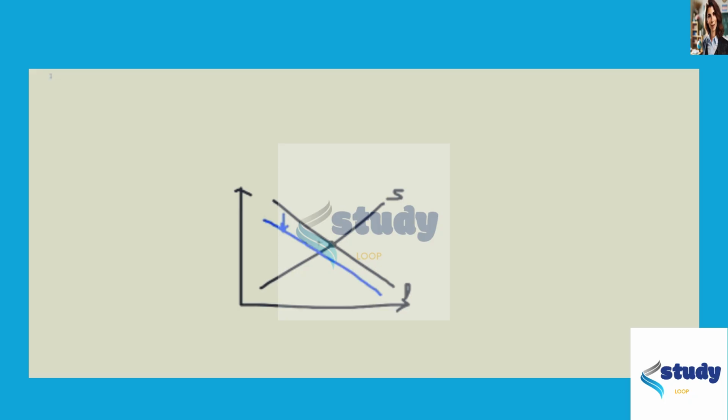Now for each worker they have to pay this extra $4, so they demand fewer workers, and they have to pay for this $4 gap to make this blue line the same as the black line.